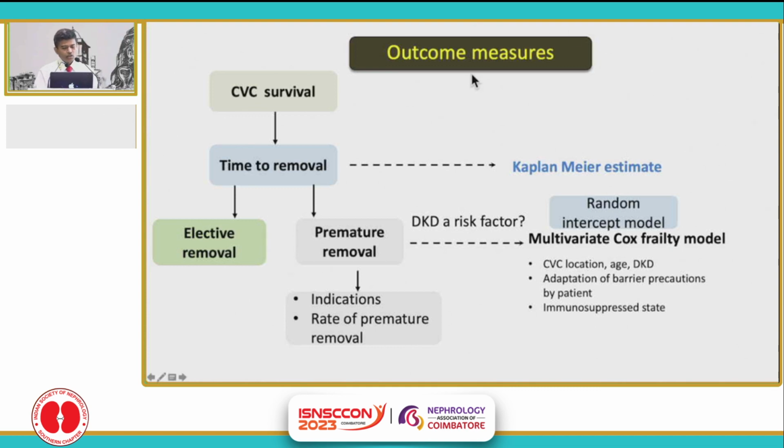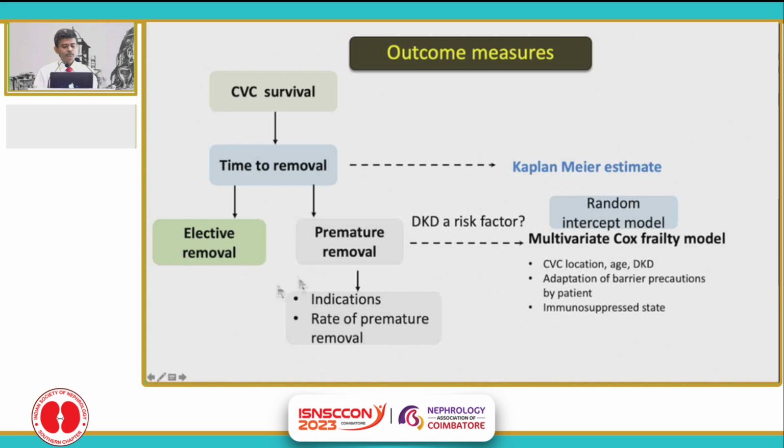The outcome that we wanted to measure was the survival of non-cuffed CVC, which we measured as time to removal using Kaplan-Meier estimate. When we say CVC removal, it could be an elective removal or a premature removal. Elective removal means the CVC is no more needed. It has served its purpose. That means the patient has been transitioned to another durable form of access like a functioning AV fistula, or has been transplanted.